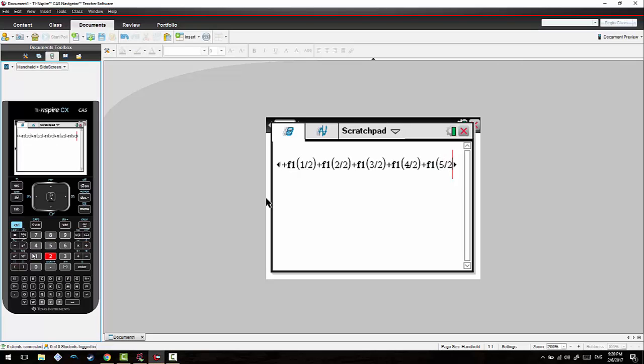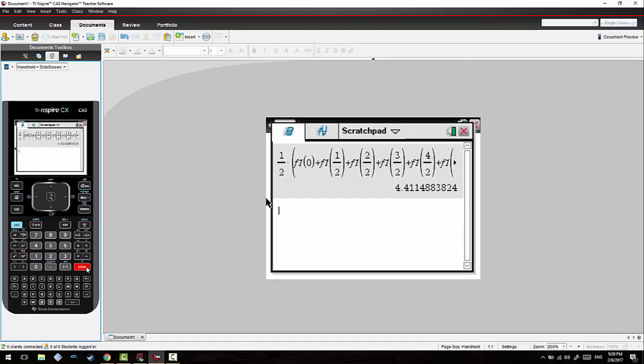Once I get to the 5 halves mark, I'm going to hit the control button, and I'm going to hit enter, and hopefully we get the right answer.